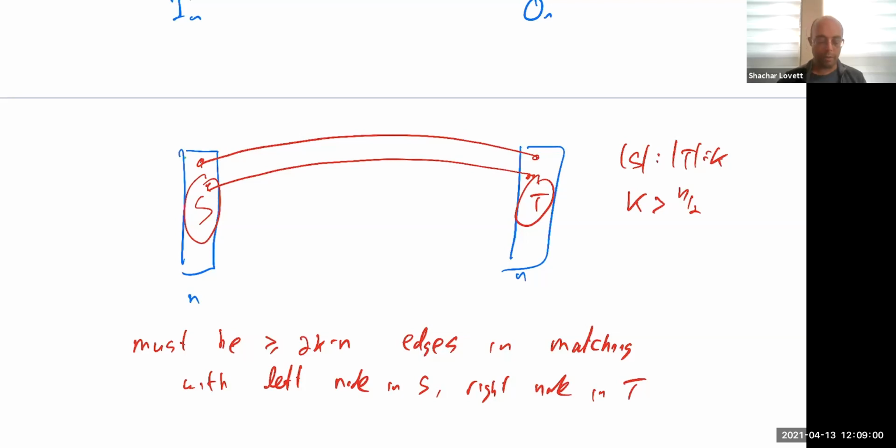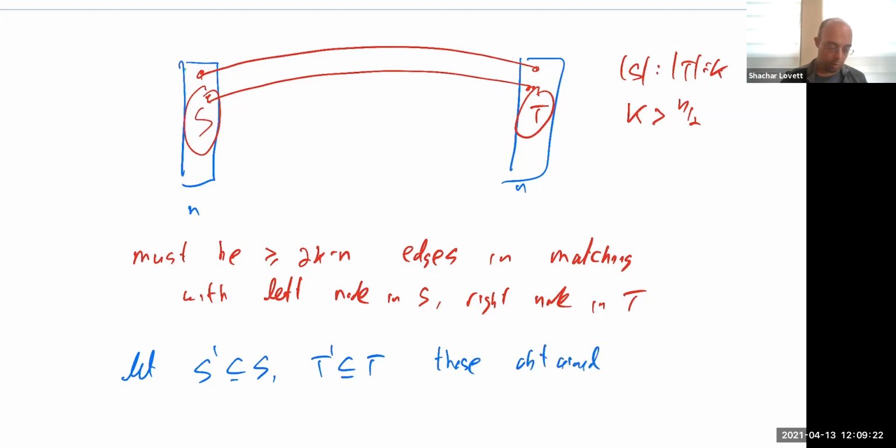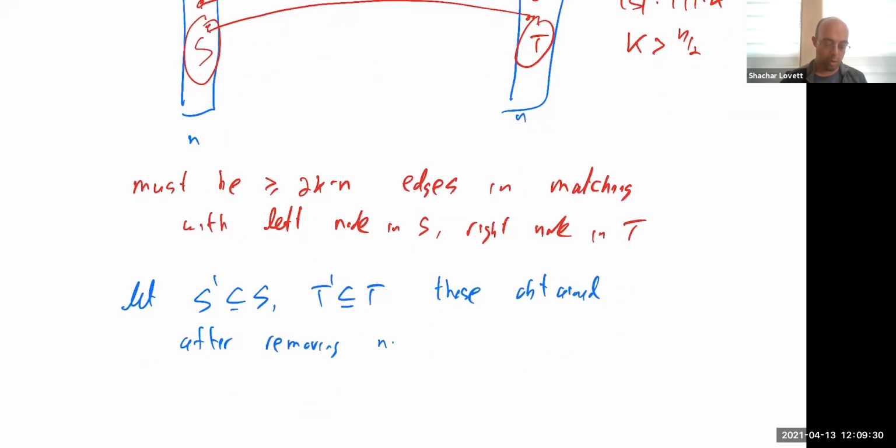So if we believe this for a second, what do we get? These nodes from S and T, we can just directly connect. So let's remove them. Let S prime in S and T prime in T be those obtained after removing the nodes which are directly connected by the matching.